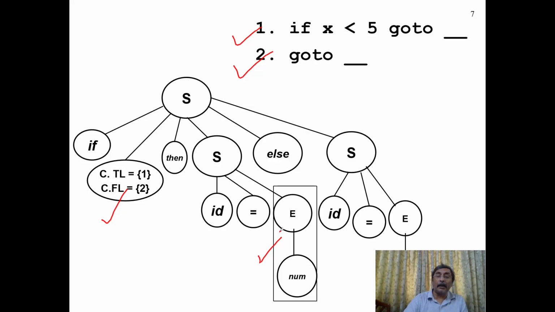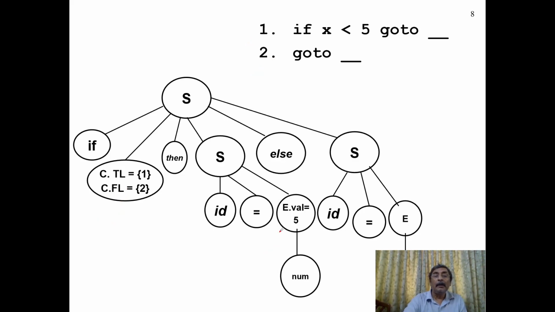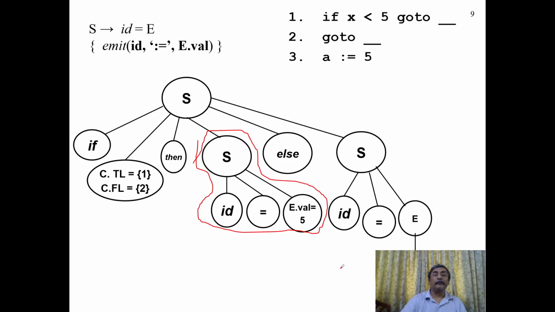Once this reduction is done, all of us know what happens. E.val is 5 and this part of the tree is obliterated. What is the next reduction? Next reduction is naturally this one. This is a new rule. We do not know the action that is to be taken here, but I know what is to be done. I know that one more line has to be generated.